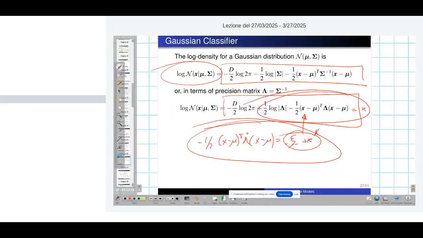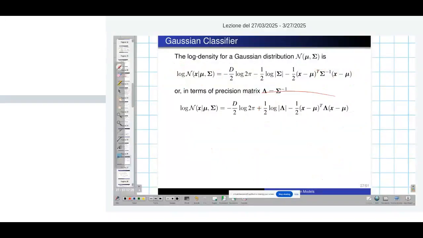I have ellipses that are controlled by lambda. So for different values of k, I will get different ellipses. And the ellipses axes, we said, are related to the eigenvectors of lambda, which happen to be the eigenvectors of sigma. So the eigenvectors of the covariance matrix control the shape of the density. So we can see that as a function of x, this is a quadratic, what is called a quadratic form.